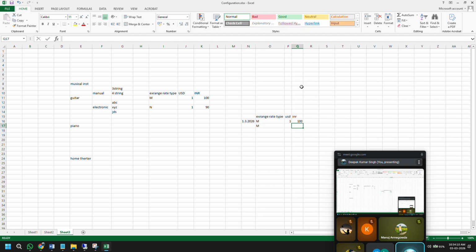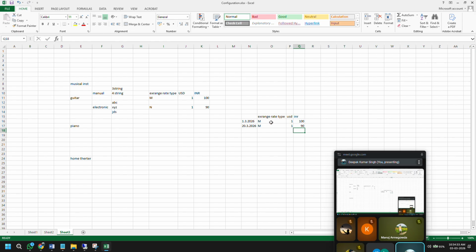I gave a date of 1st March. So any date from 1st March it will take 100 only. But let's say I maintained something here, 20 March 2026. And then I have M, and then I say 1, and I say 19. Then automatically the first value is only valid up to 19.